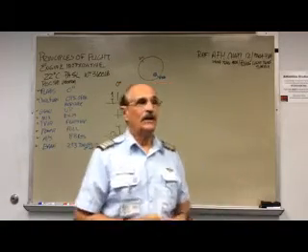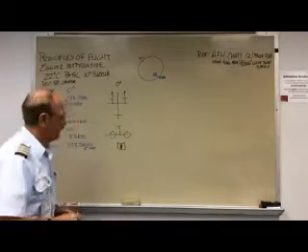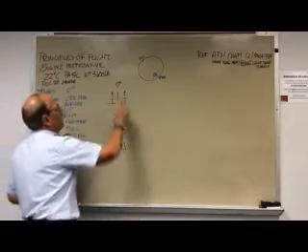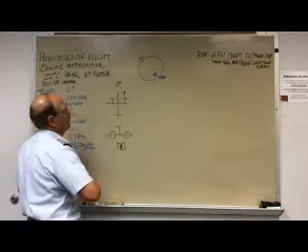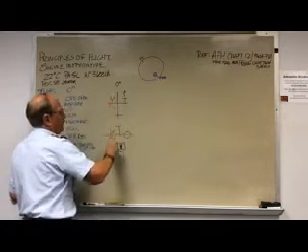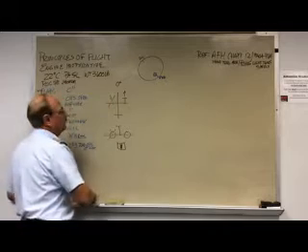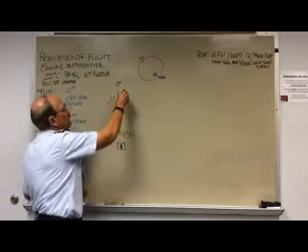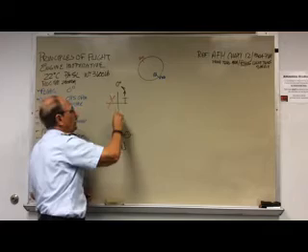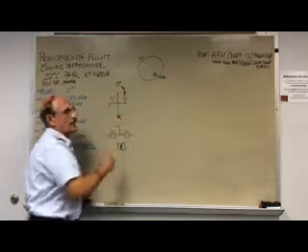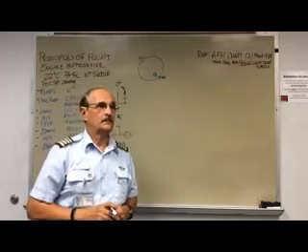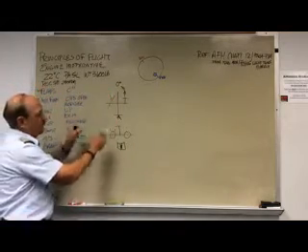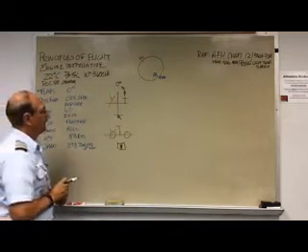But when an engine fails, things happen. As we said before, we lose that thrust. We have the rudder that we have to apply because we're going to have the yaw, so we apply rudder to compensate for the yaw, to keep the aircraft straight. Now we use aileron to keep the wings level.